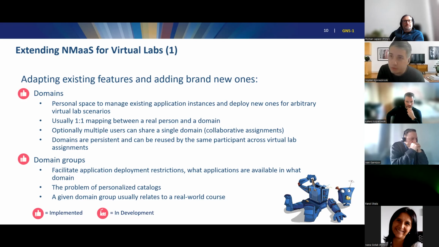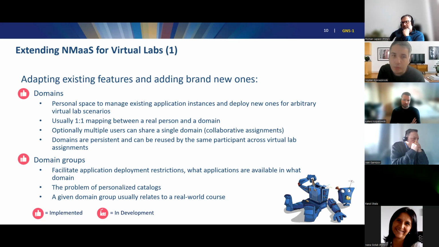Because, for example, we don't want to give participants access to 30, 40, 50 applications, which can even overwhelm them at first sight when they first log into the catalog. And even some of the applications might be sensitive or dedicated to particular groups. So with the domain groups concept, we can apply application restrictions to particular domains.